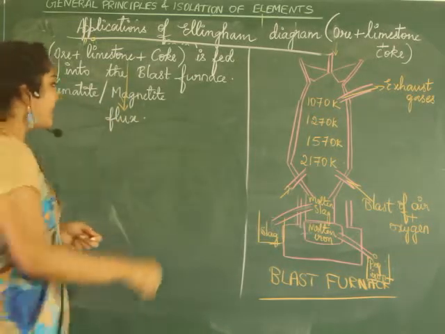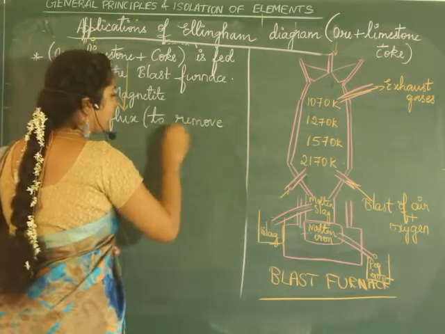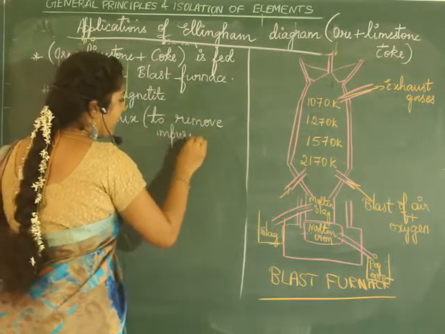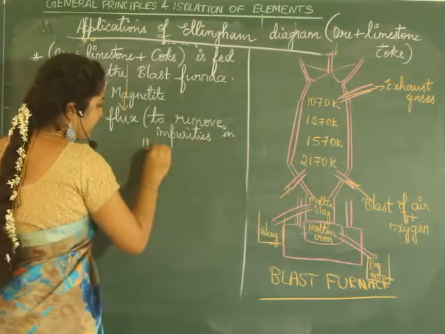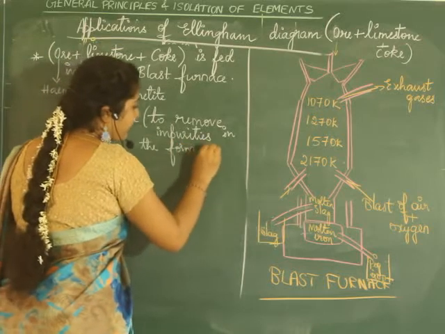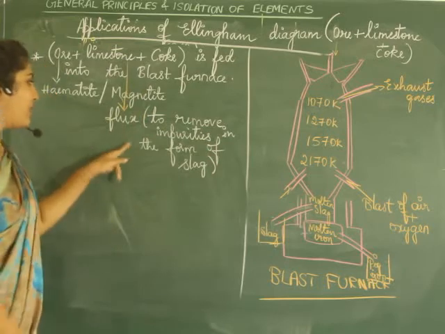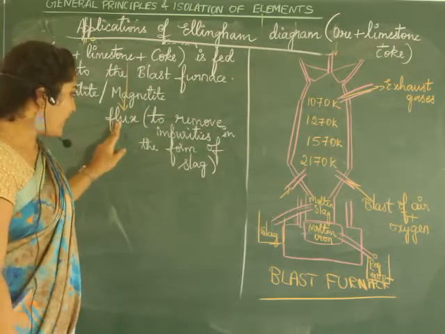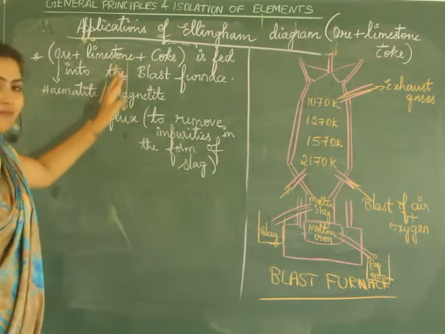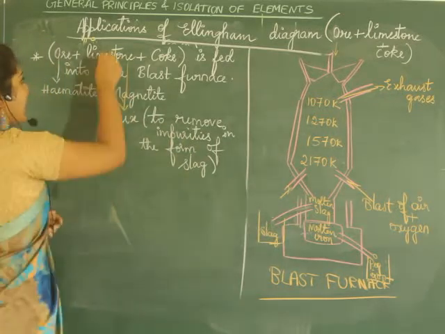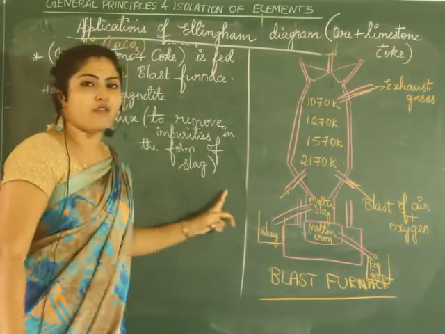It is added to remove impurities in the form of slag. Slag means the molten form of impurity along with this flux. Flux plus impurity gives slag. Remember this. So why have we added limestone? Limestone is nothing but CaCO3, calcium carbonate, to remove impurities in the form of slag.